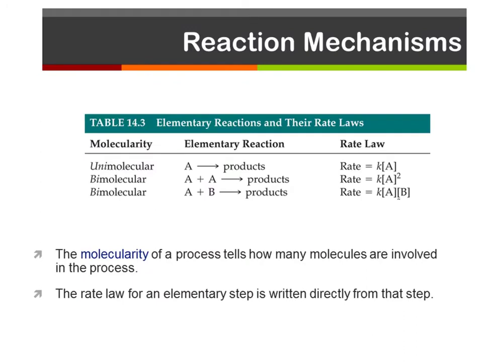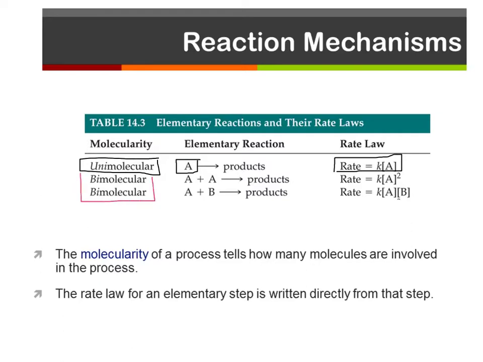Molecularity of a process tells us how many molecules are involved in the process. Something that is unimolecular means that one molecule is reacting to form products. If we were to write a rate law for this, it would just be dependent on the concentration of A.